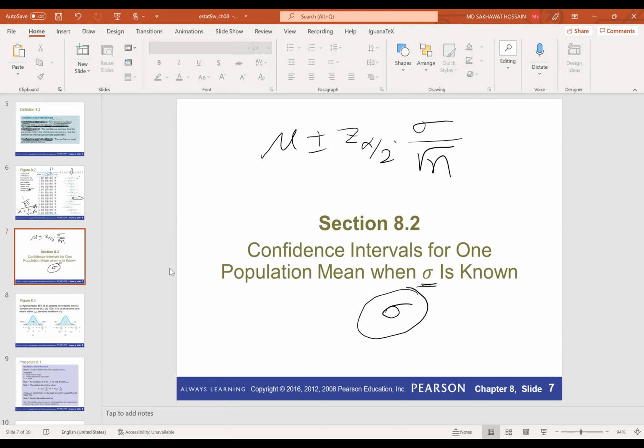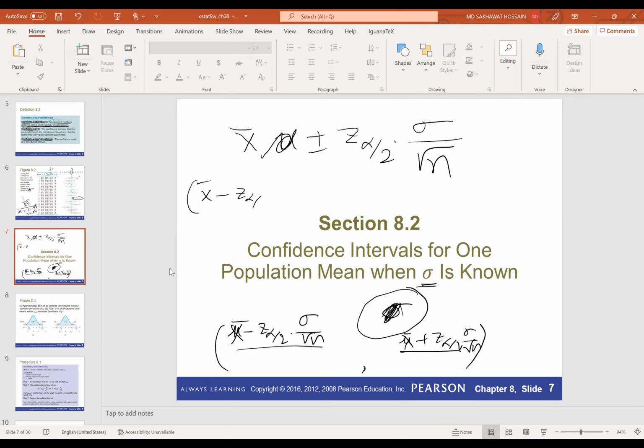When we say confidence interval, we have two numbers, right? We have an interval, and we know this number and this number. The first number is x bar minus z alpha over 2 times sigma over square root of n, and the second number is x bar plus z alpha over 2 times sigma over square root of n. Actually, this is x bar, not mu.